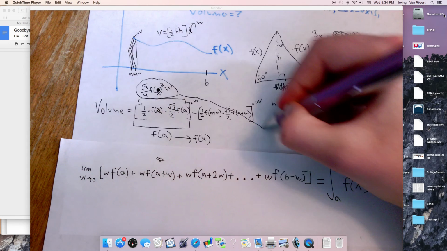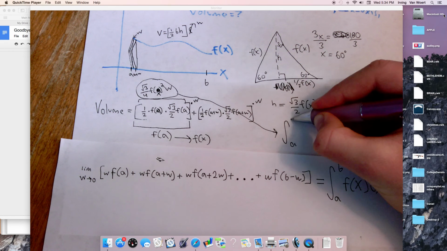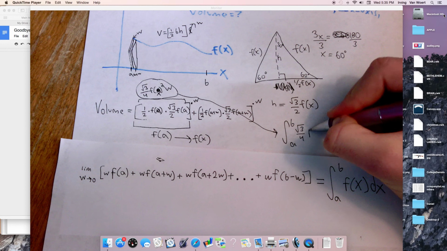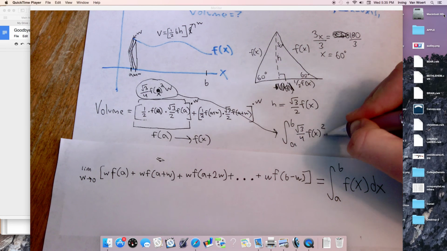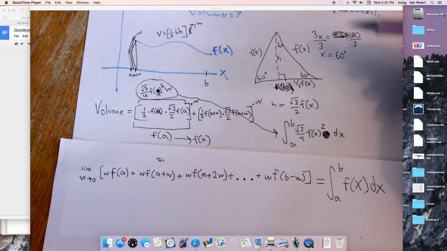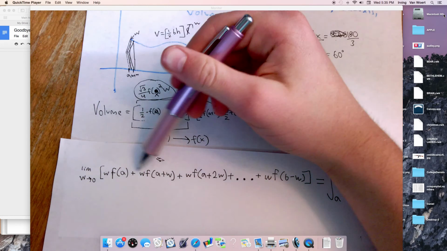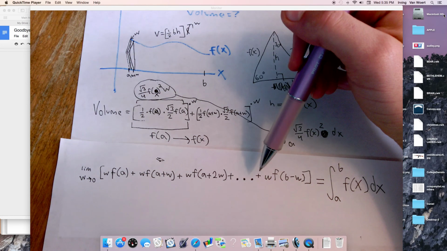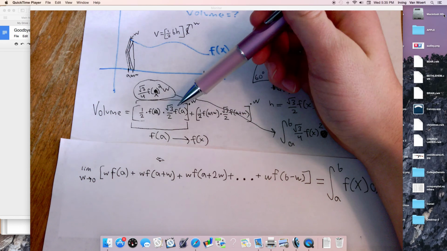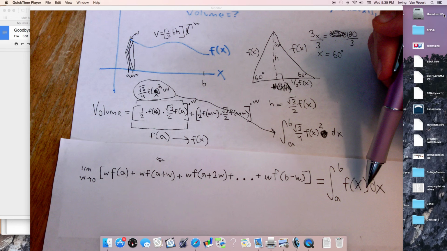So this will just turn into the integral from a to b of radical 3 over 4 f of x squared times w dx. And w goes away because you're taking the integral. What I was about to write here is this whole long thing, which is actually the definition of the integral, and this is what really makes sense. But there is a quick way to just look at the generic formula and see how that turns into the integral symbol, because then you can plug this integral symbol.